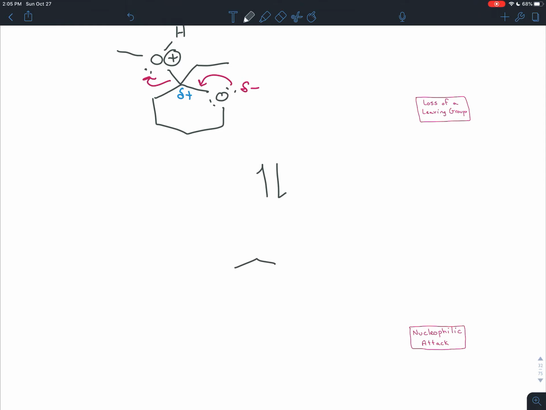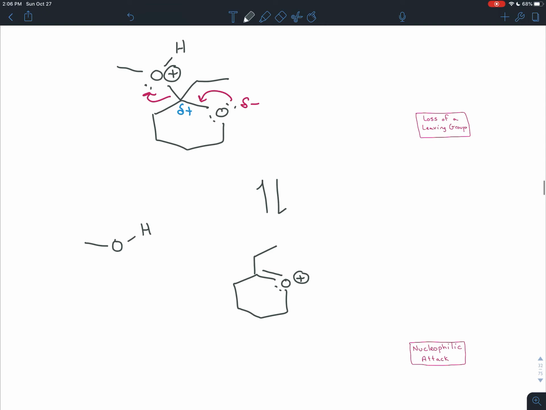So now the molecule we have is this, that's what's left, and we also have a methanol. So notice we formed this second bond here.